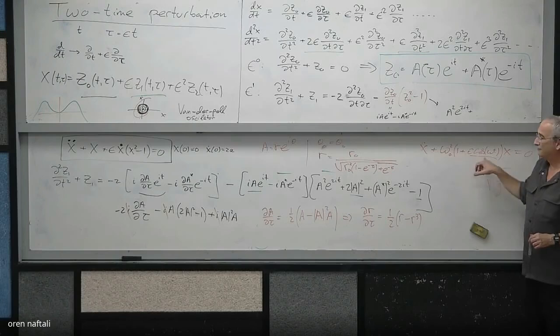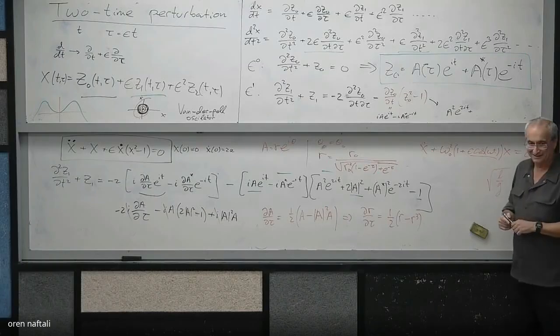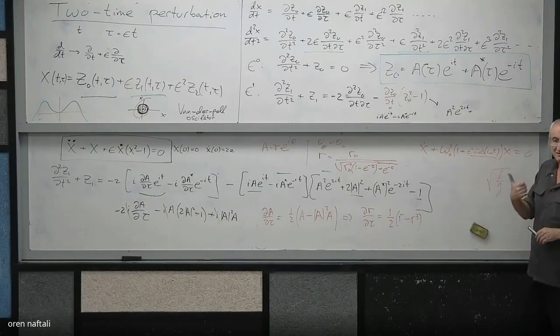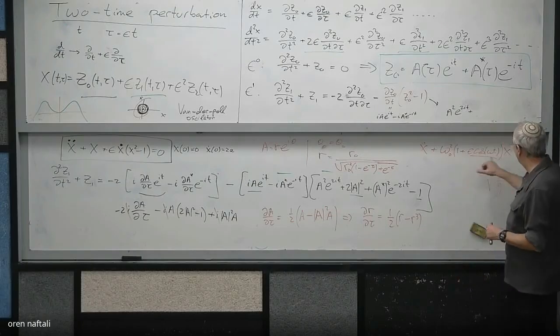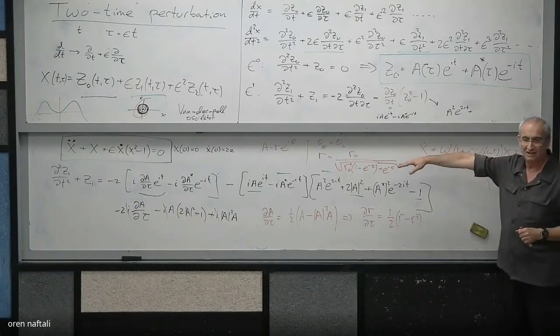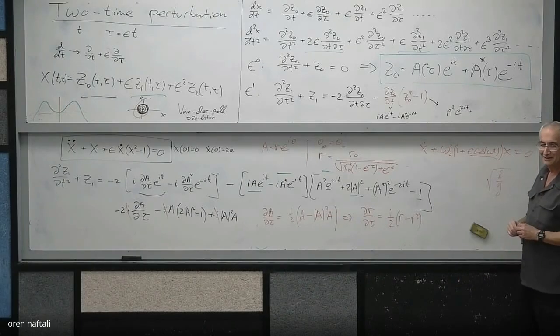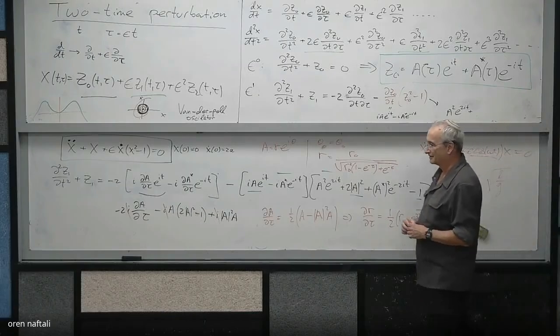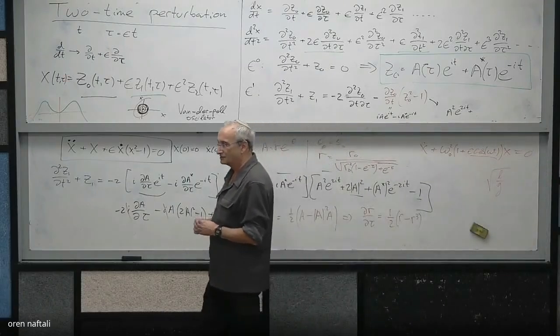And if you're doing it at the right frequency, which is not the frequency omega naught, but half of it, then you have an instability. You see that x equals 0 is always a solution, but it becomes an unstable solution. This is called parametric resonance, and the way to analyze it is to use this machinery. You can read about it in the book of Bender and Orszag, of course.